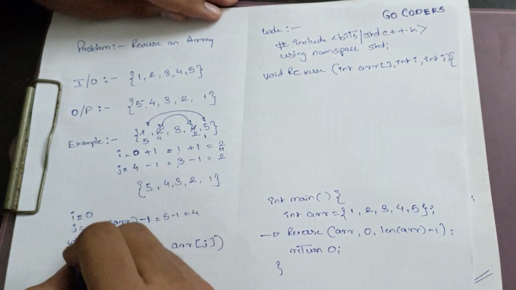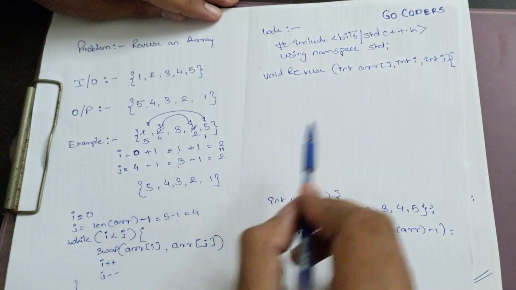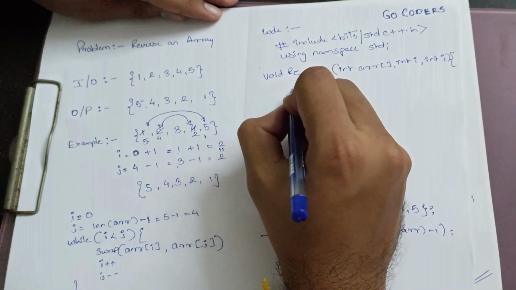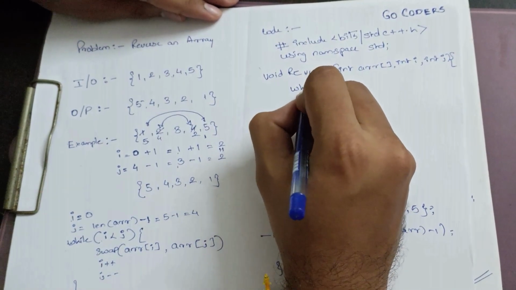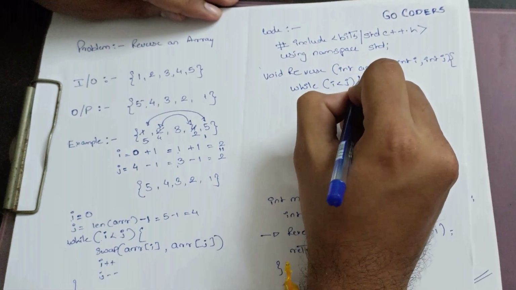Now we have our i, we have our j. Now what we have to do? We have to run a while loop while i is less than j.